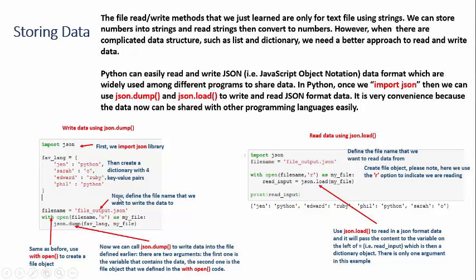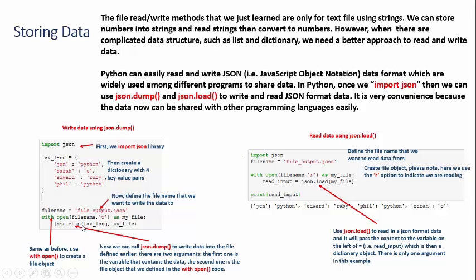And now we define the file name that we want to write the data to, which is file_output.json. Very similarly, we need to create a file object using with open file name with the argument of w. We're trying to write something into that file as my file. So my file becomes my file object.